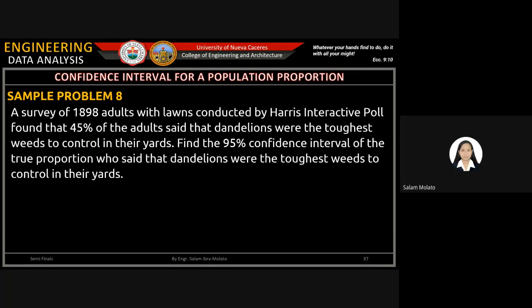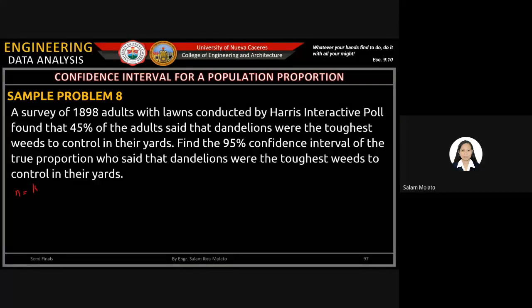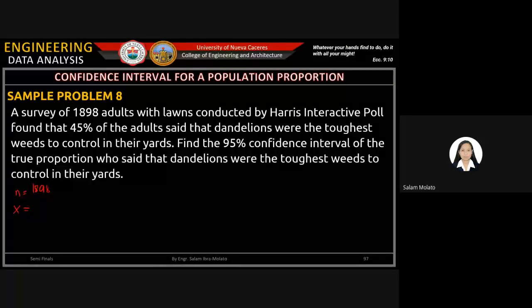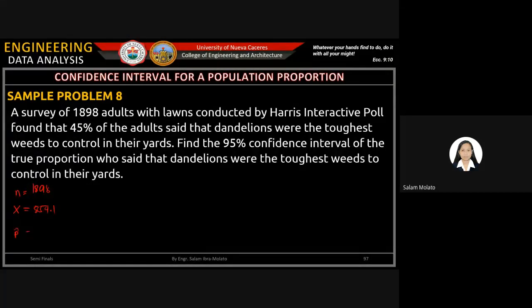Let me show you so you can understand better. So our n is 1898. Okay? Therefore, x is 45% of 1898. How much is that? Let me compute. 1898 times 0.45. So that would be 854.1. So if we are going to compute for p prime, that would be x over n.